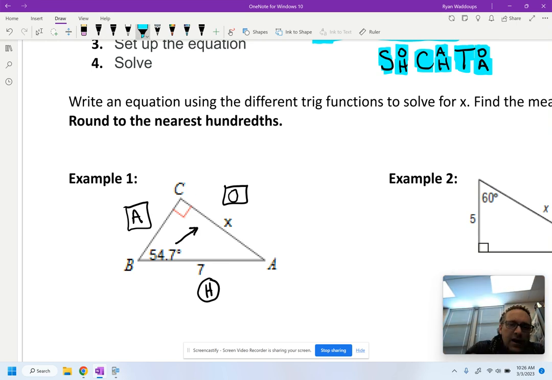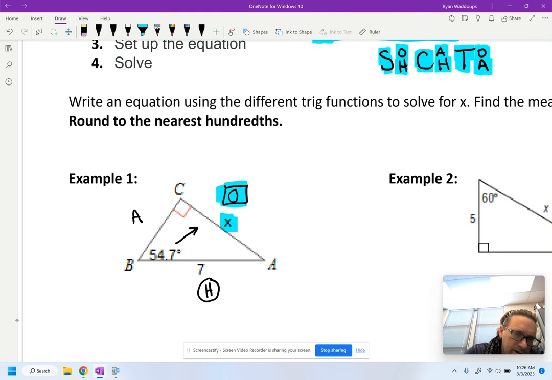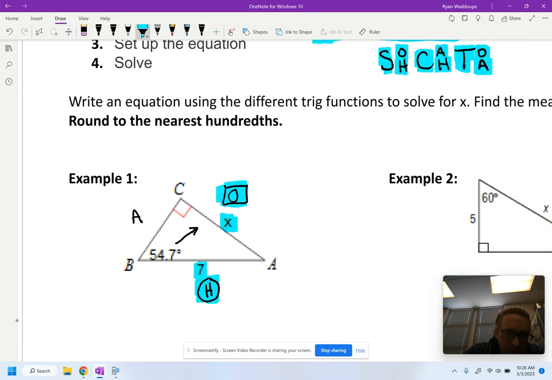So I look at this and I notice that I have opposite labeled as x, and I have the hypotenuse labeled as 7.